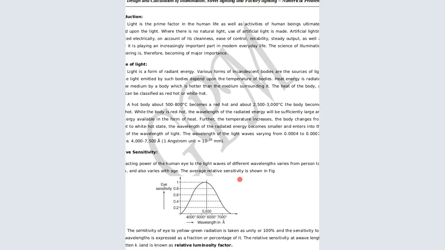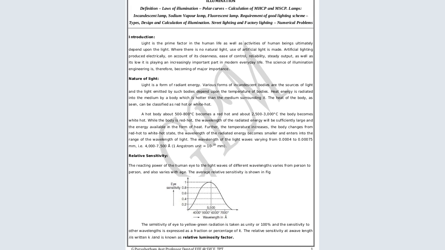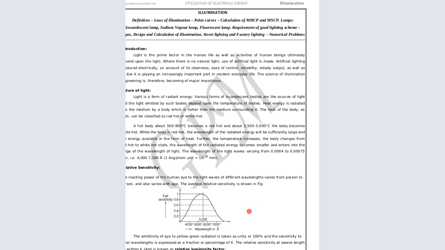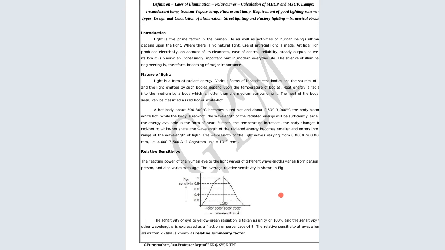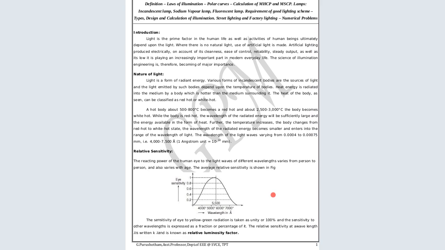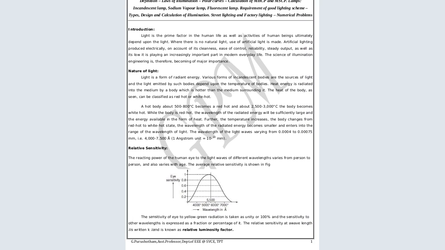Relative sensitivity: the reacting power of the human eye to light waves of different wavelengths varies from person to person and also with age. The average relative sensitivity is shown in this figure. The sensitivity of the eye to yellow-green radiation is taken as unity, or 100%, and the sensitivity to other wavelengths is expressed as a percentage factor.